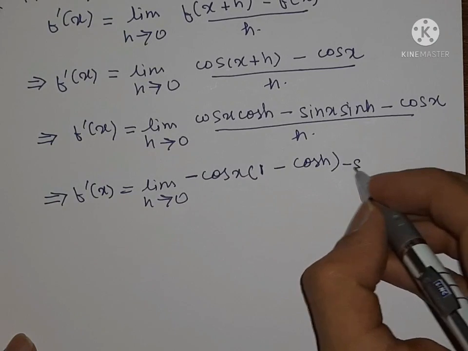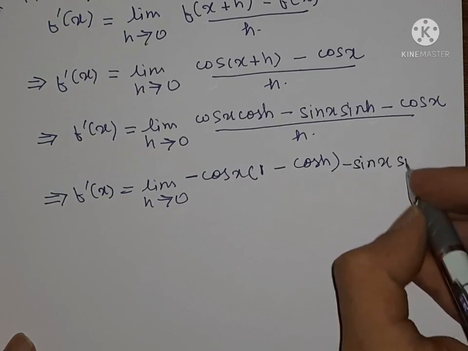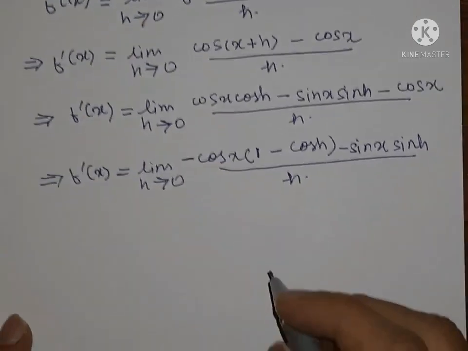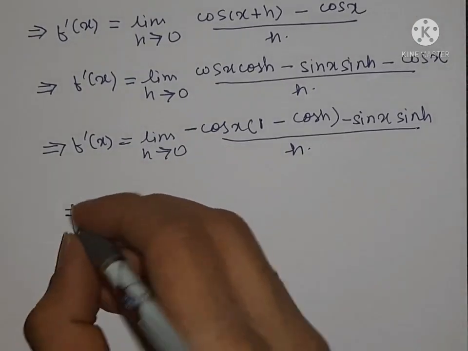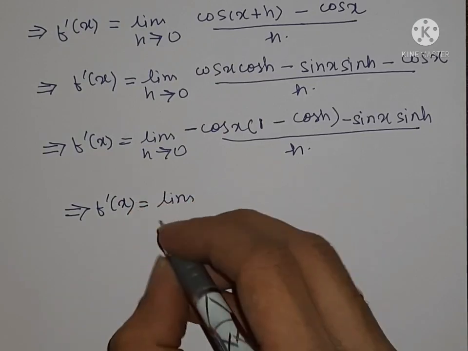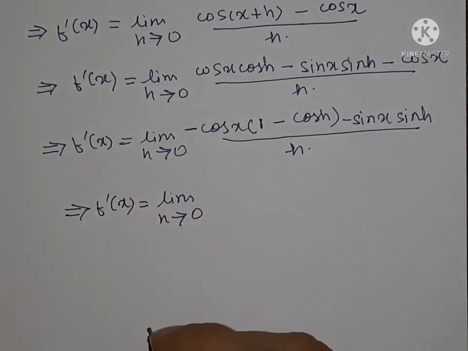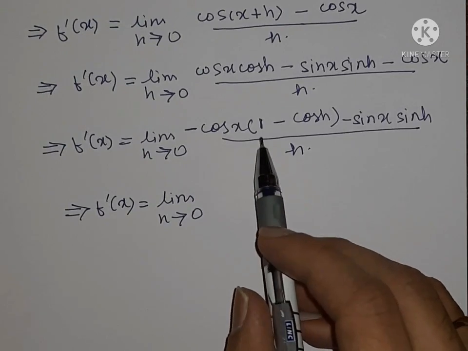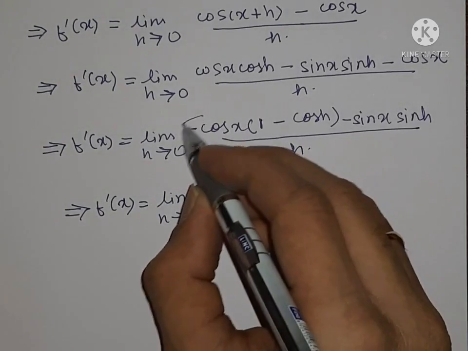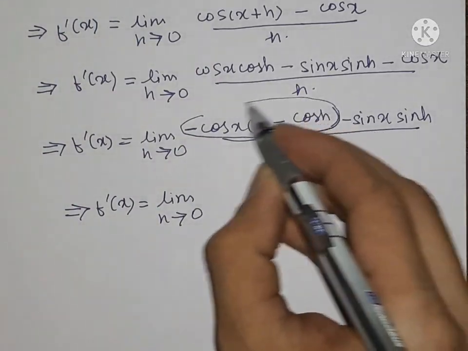And then this is what? Minus sin x sin h, and that is divided by h. Okay. So f prime of x is equal to limit h tends to 0.